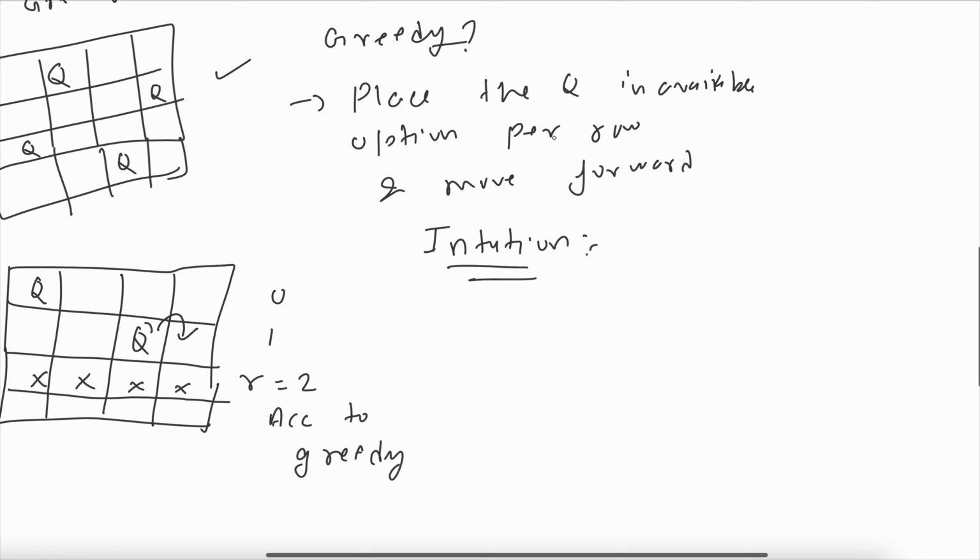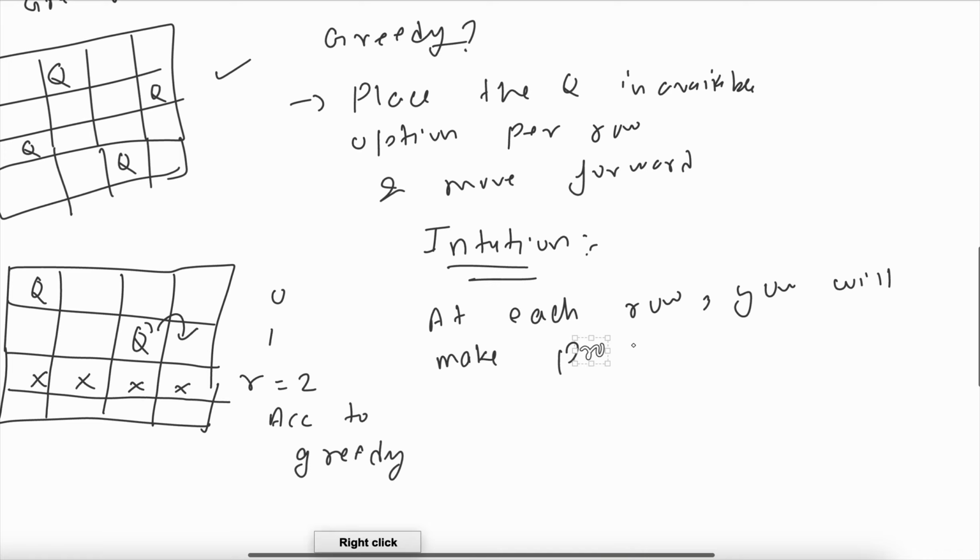You can see, at each row, what you will do is try to place q. You will make a promise. What would be the promise?